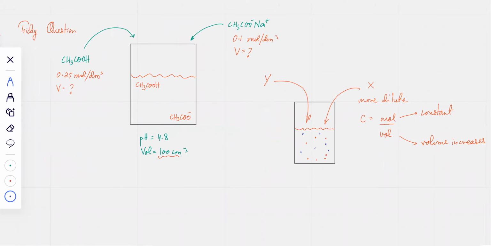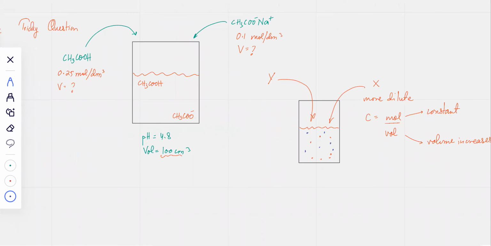Is this clear? Yes, sir. So remember this point: mixing of solutions ends up diluting both solutions.